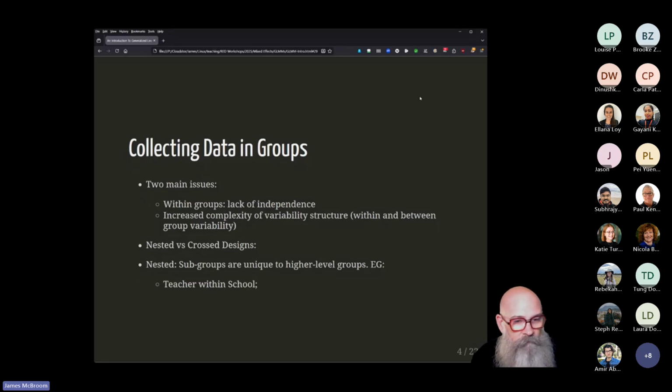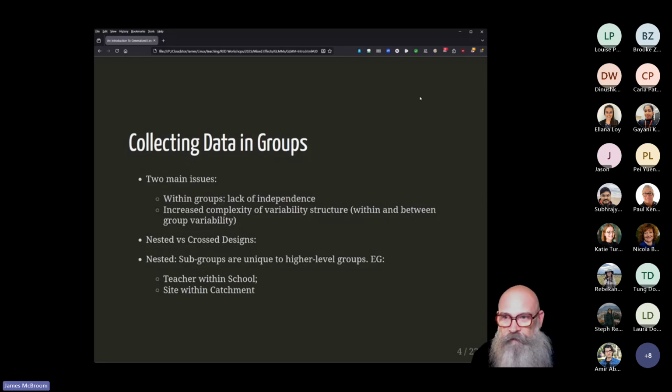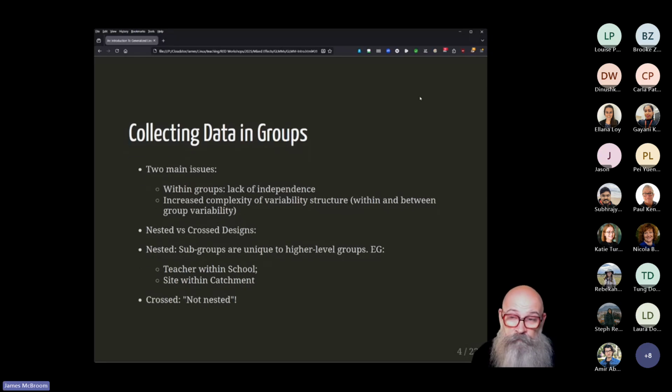So as an example, teacher within school, as long as the teacher doesn't work at two separate schools, sites within catchment, and so on. So that would most likely be nested. You just need to look at the groupings within a broader group and make sure that they are unique to that broader group, and you have, in that sense, nesting.